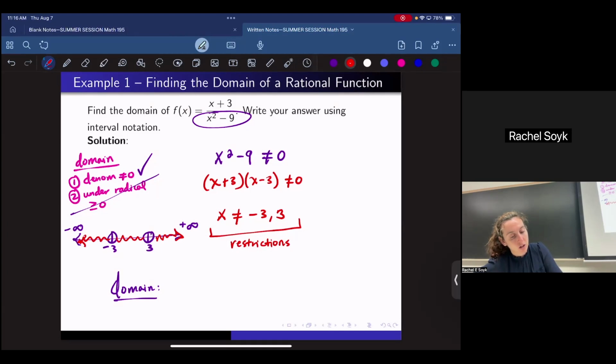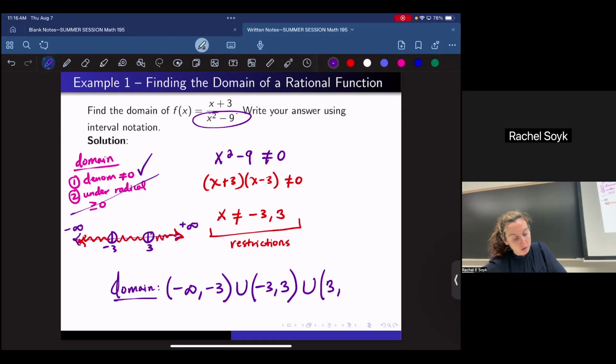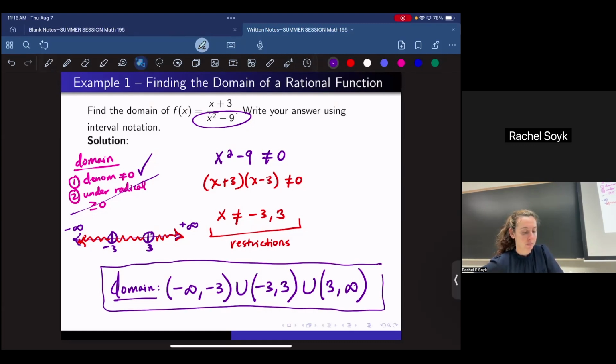We're representing all numbers from negative infinity up to -3, soft bracket, because we're not including that -3. Then we're including all numbers between -3 and +3. And another soft bracket at that 3, because we're not including +3 either. But we are including all values that are greater than +3. So we need another union. And that's it. We have our domain.